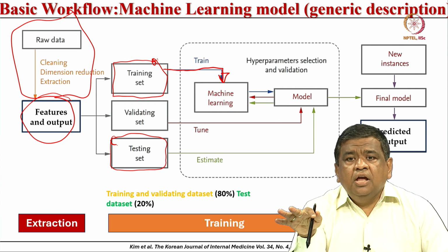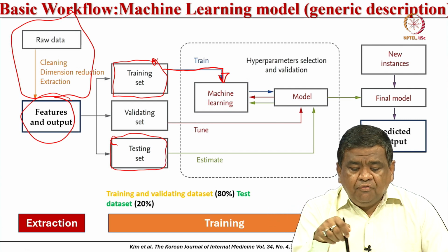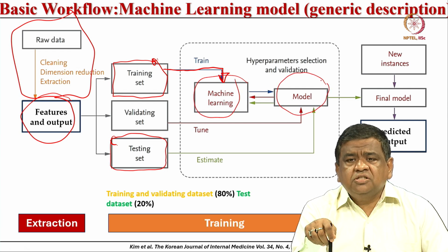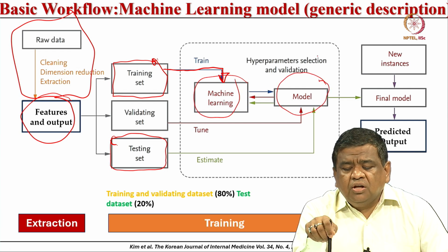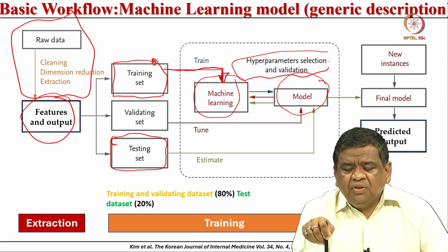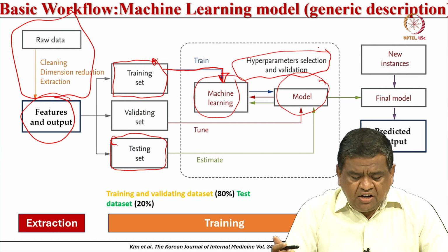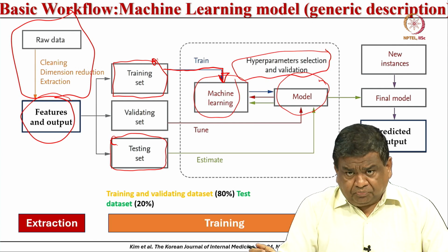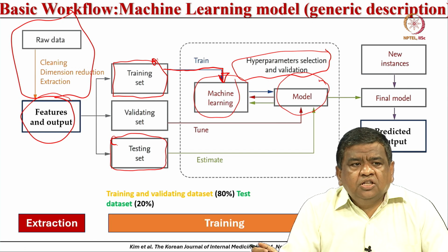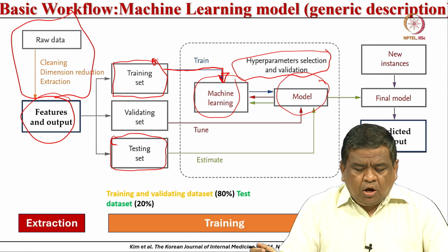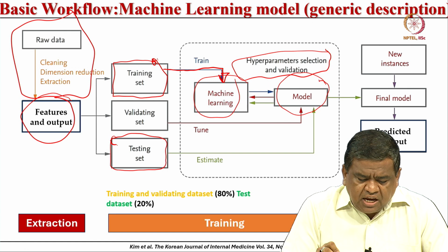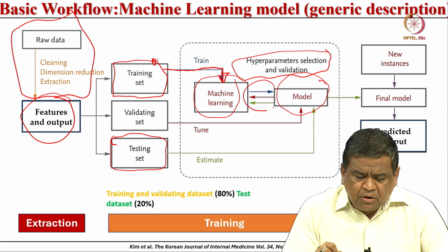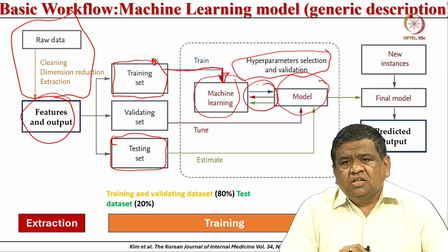In this particular case, you use different types of models, and these different models are given as an input to the machine learning workspace, where hyperparameter selection and the validation process will be operative. Then we get the performance of the different models.